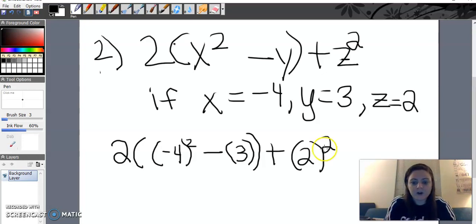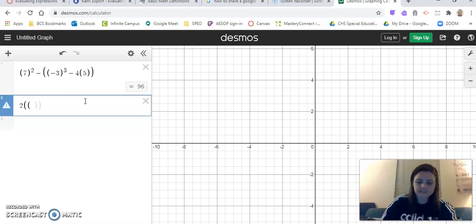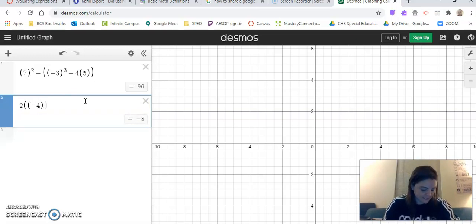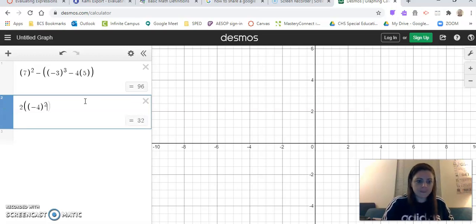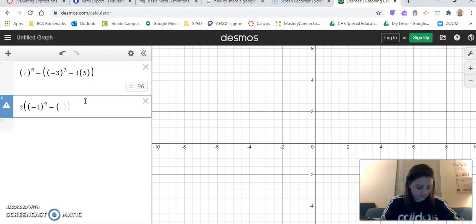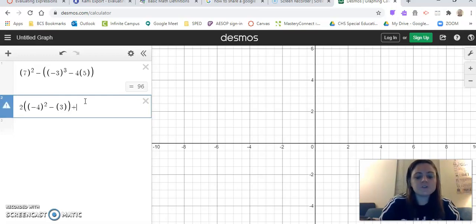And then I'll go back to our graphing calculator. Here we are. So exactly how we wrote it. 2 parentheses, parentheses, -4, close parentheses, to the second power. So we have to do shift, caret, squared, minus 3, double parentheses, plus our 2 squared.